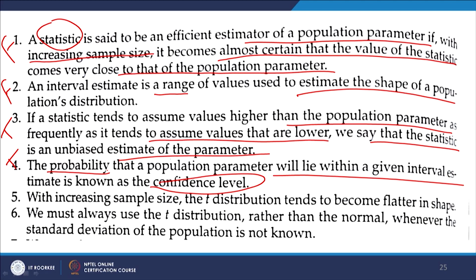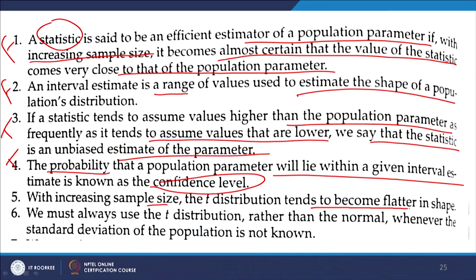So, do not get confused between confidence level and confidence interval. Confidence interval is the range within which the population parameter will lie, while confidence level is the probability that the population parameter will lie within the confidence interval.